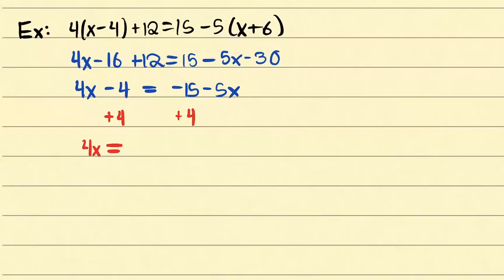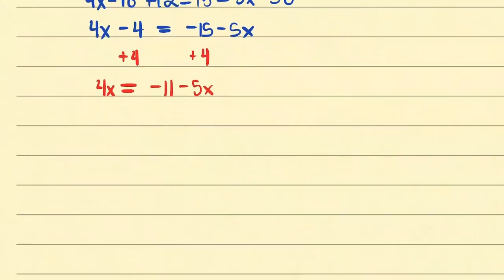So I get 4x on the left-hand side is equal to negative 11 minus 5x. Now, I want to collect all of the terms that have x on one side. So what I'm going to do now is add 5x.